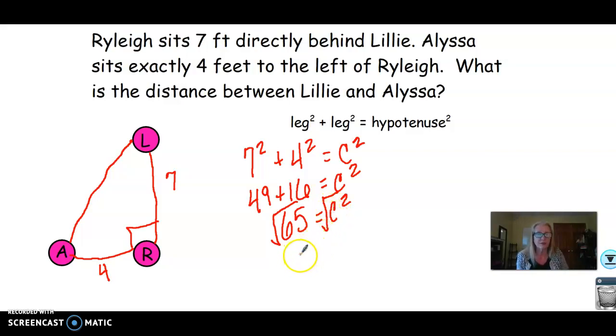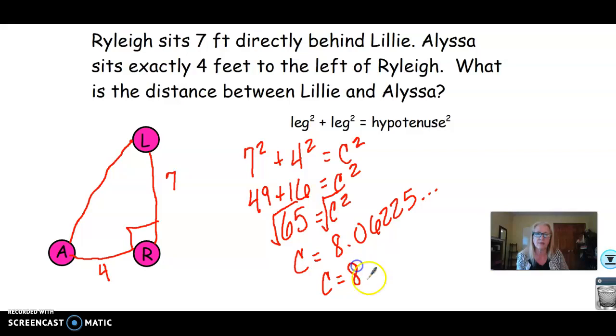We take the square root of both. And this one also was a non-terminating decimal, 8.0622 and so on. So we're going to say that Lily and Alyssa are 8 point, do we leave it 0 or make it a 1? Well, this is a 6. And because 6 is 5 or greater, we make it 1 more. And that is much more reasonable. Lily and Alyssa are 8.1 feet apart.